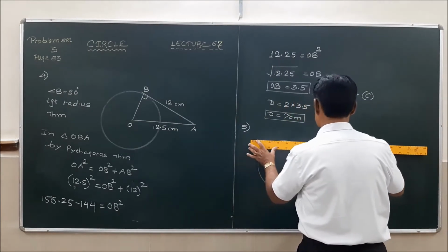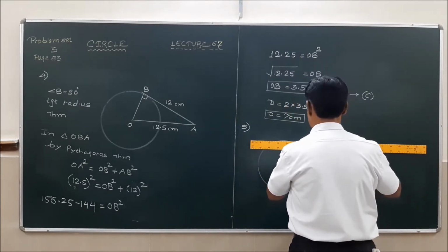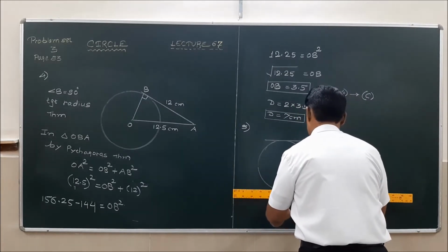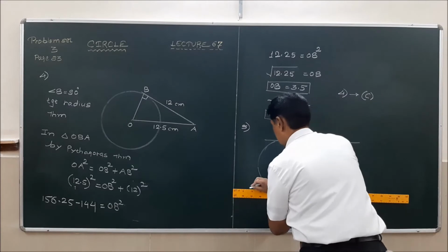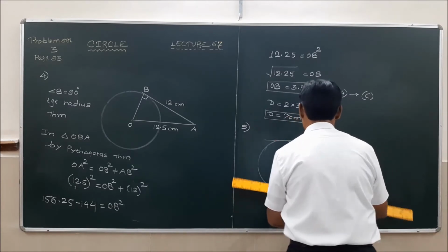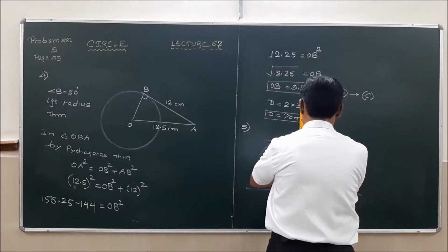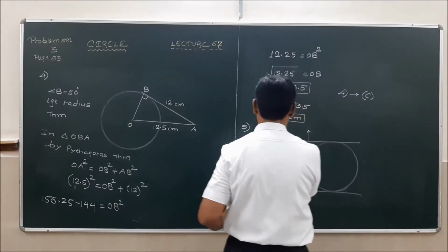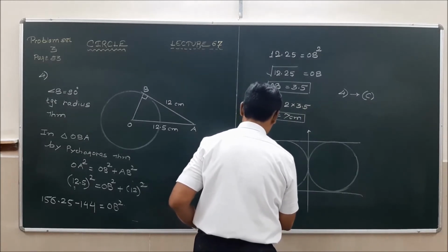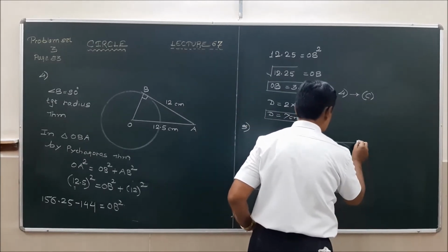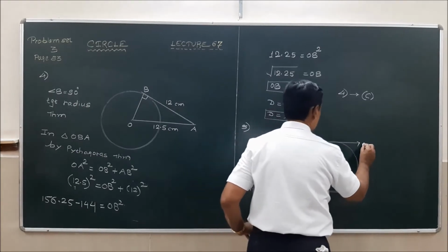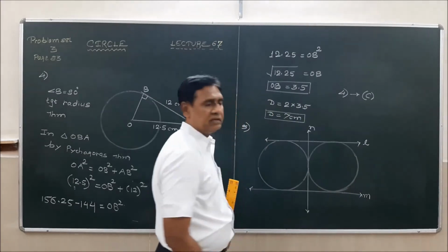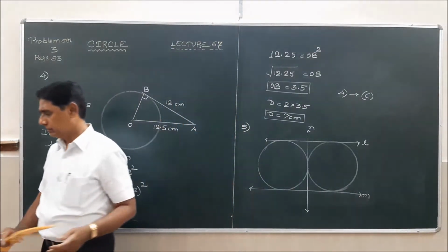You will find the common tangents are this way. This is 1, this is 2, and this is 3. So we find that the number of common tangents that can be drawn is 1, 2 and 3. So our answer is 3.